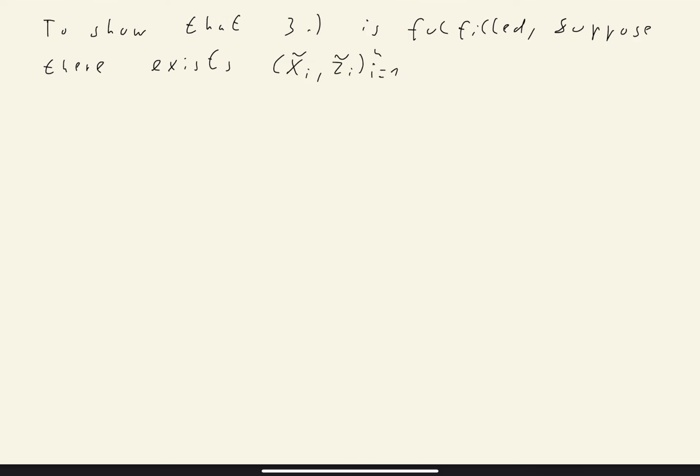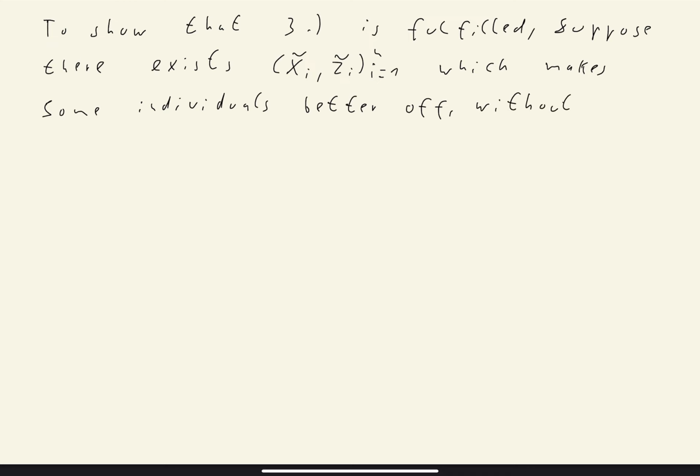So let's suppose we have an alternative allocation, which makes some individuals better off without making others worse off.